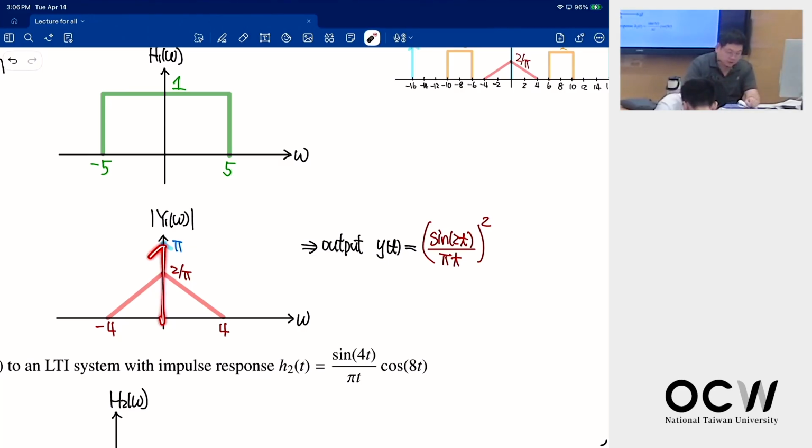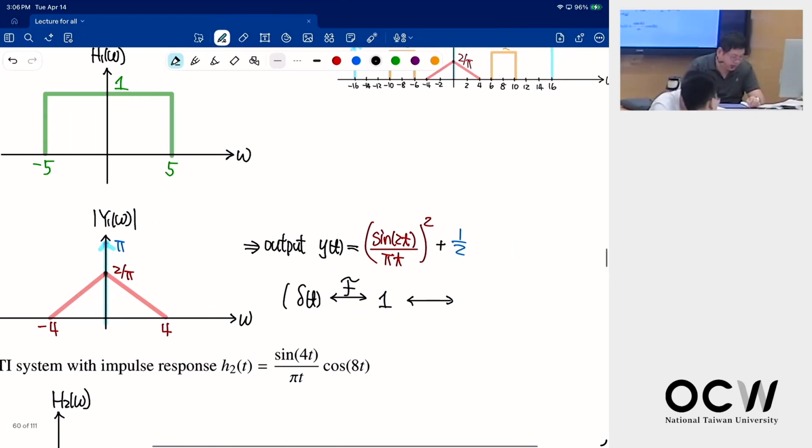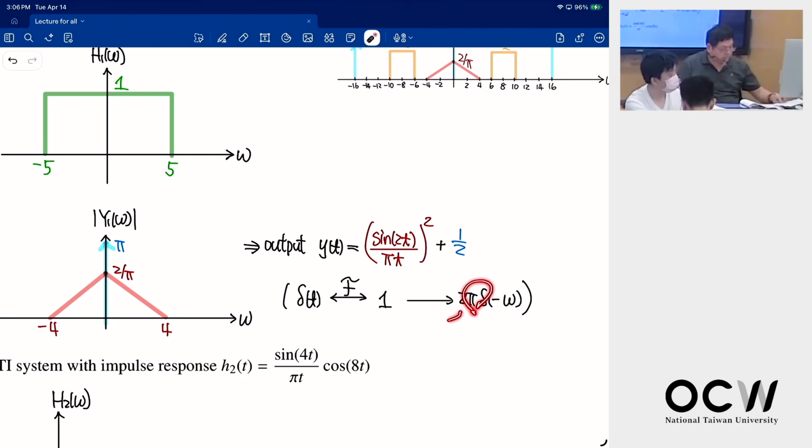And then for pi here, you get 1/2. Because the Fourier transform of the delta function is 1. But if you do the Fourier transform again, you get 2 pi delta function of minus omega. So if you want to get pi here, actually you have 1/2.